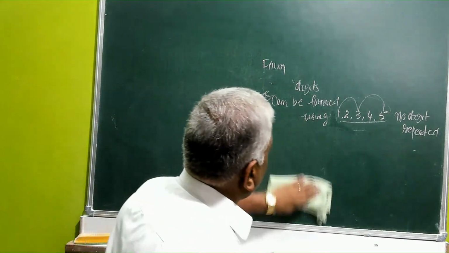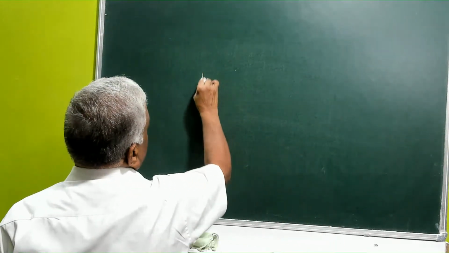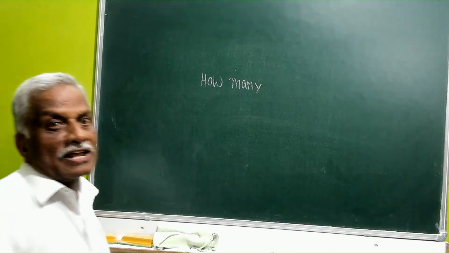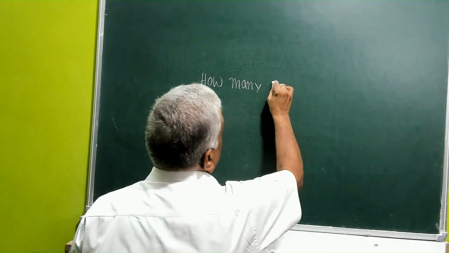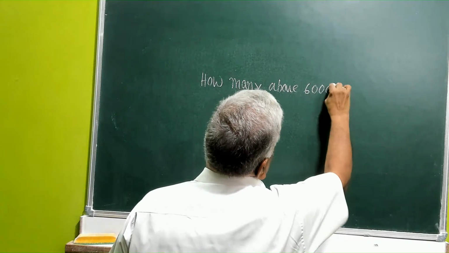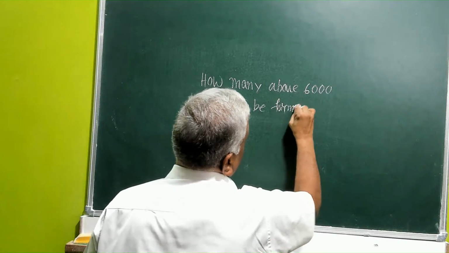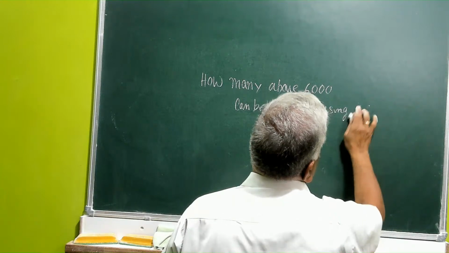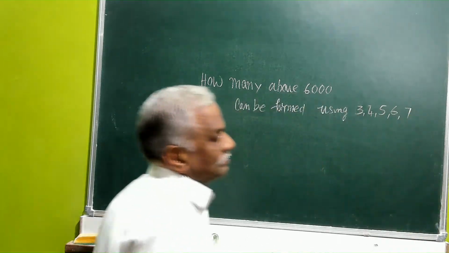Let me work out one more problem. How many numbers above 6,000 can be formed using 3, 4, 5, 6 and 7? By working these problems, I am covering more concepts so that you can work out the problems of CET yourself.